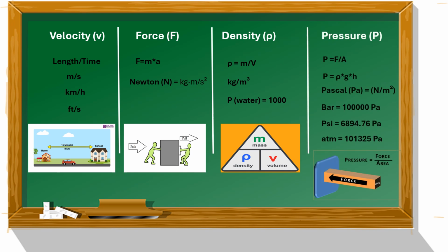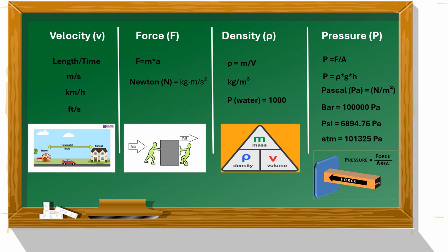Ever wondered why your ears pop in an airplane? Or why deep-sea divers feel intense pressure? That's because of pressure. Pressure is simply force over area. And in liquids, we calculate it as density multiplied by gravity multiplied by head. The deeper you go, the more pressure you feel. Also, pressure is measured in different units.